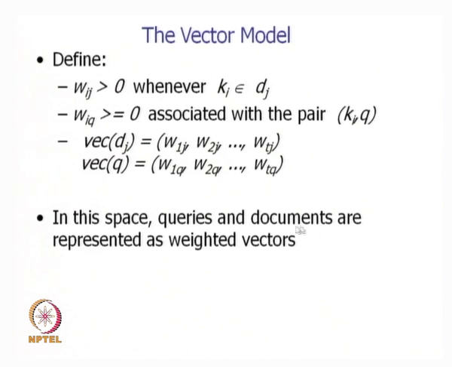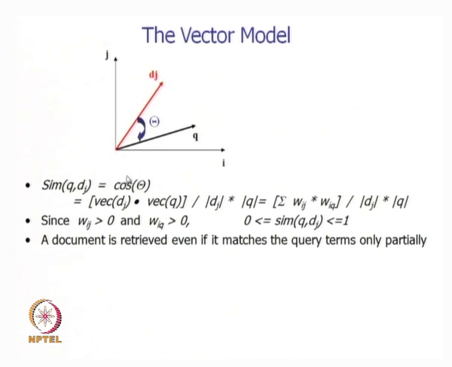So, in this space queries and documents are represented as weighted vectors. The similarity measure is typically the cosine similarity measure. The similarity between the query q and document dj is the cosine of the angle between the vector for q and the vector for dj.